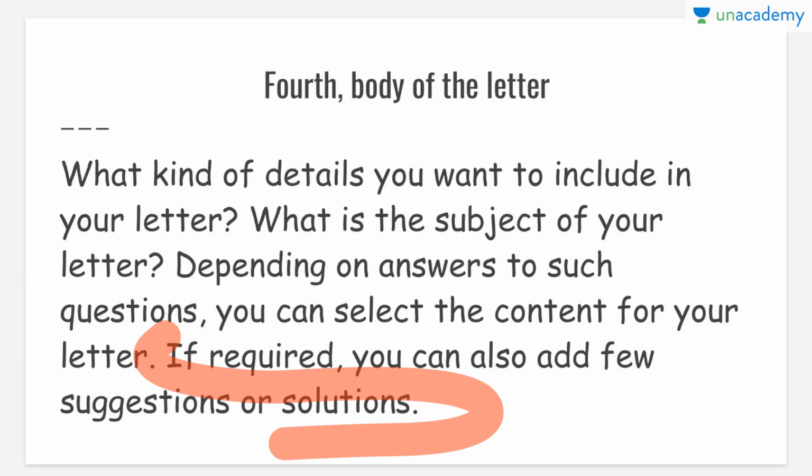Okay, so you will give solutions in the last of the body. You will say that this problem I have been suffering from, and these are some solutions. You can also think about it. But in case of a job application, if you write like you have to put me on the service, the person reading the letter will get a negative impression and will not give you the job.